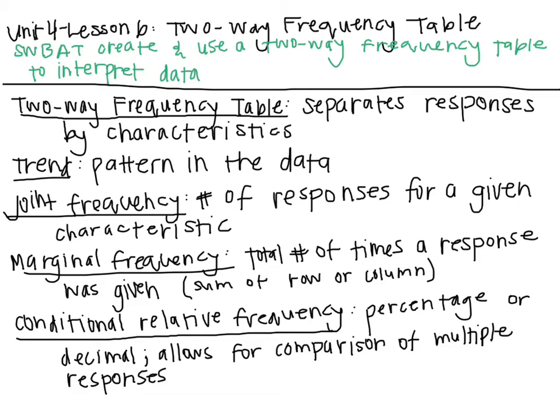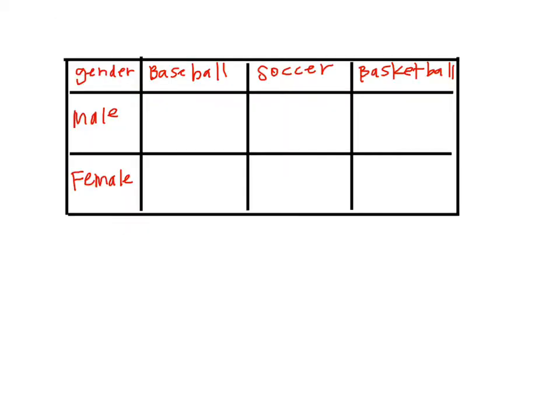Next, we're going to take a look at an example of a two-way frequency table so we can actually pick out the joint frequency, marginal frequency, and the conditional relative frequency. So we have this table that's comparing gender, male and female, to the preference of baseball, soccer, and basketball.